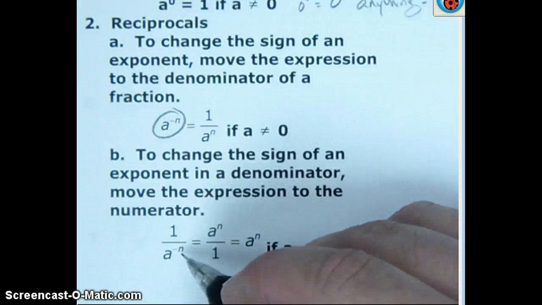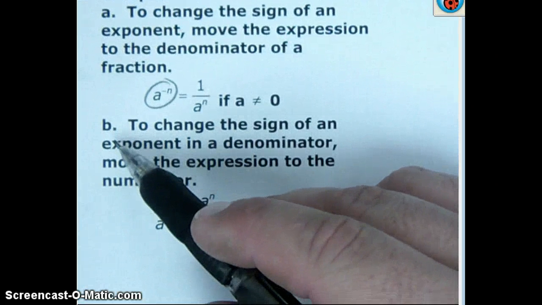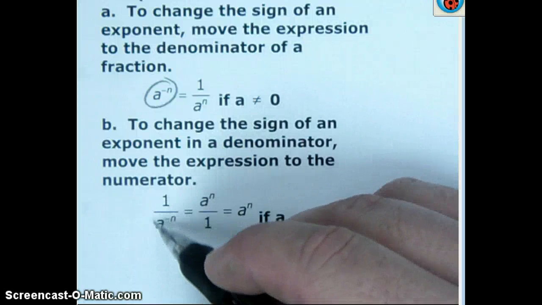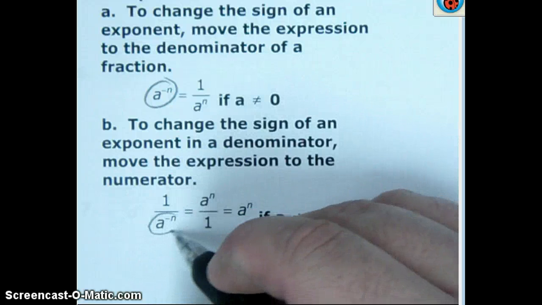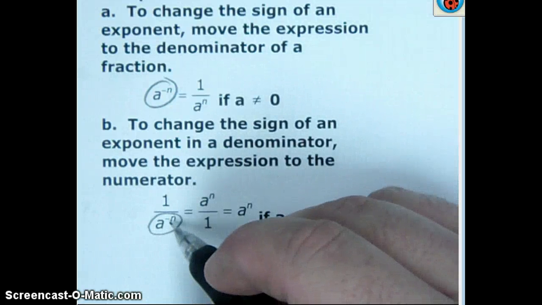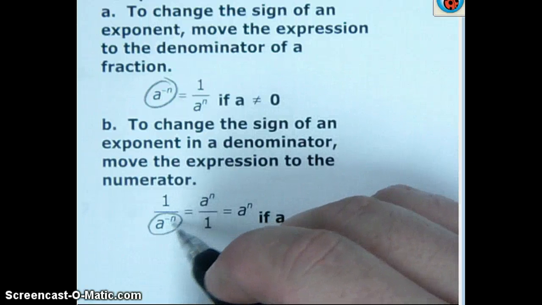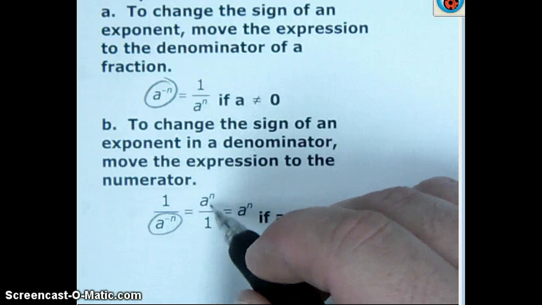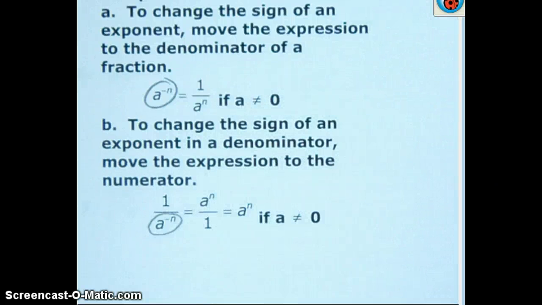What if they're already at the bottom of a fraction? Like if we look at point B right here. If you have a fraction already, and you have an expression with a negative exponent on the bottom of the fraction, to change that negative sign, you flip it up and move it up to the top of a fraction. Alright? Now here's the way I think of this.